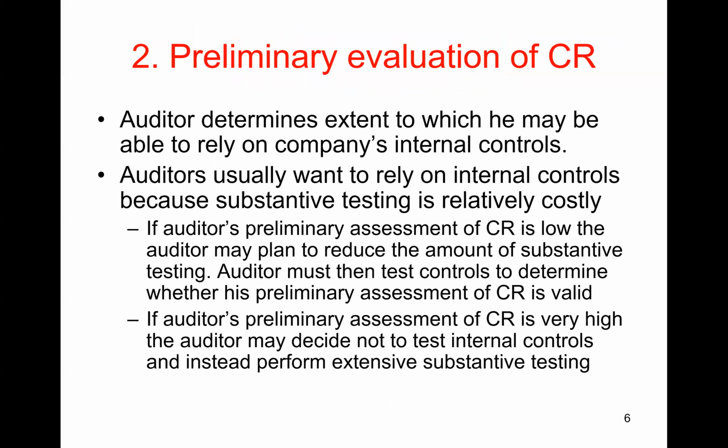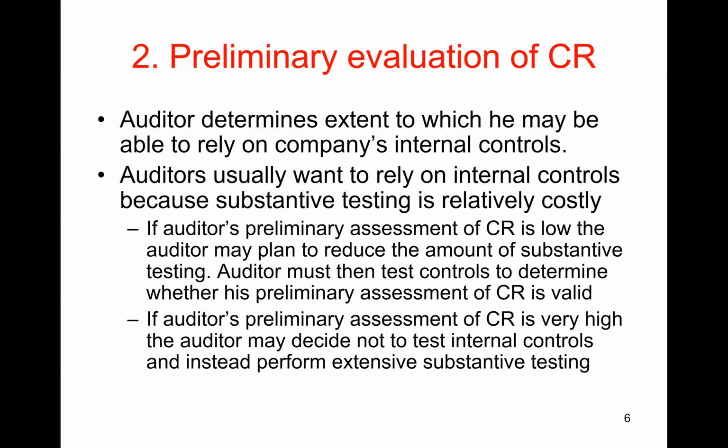Okay, now we move on to the second stage. So after you have obtained your understanding of the control system, then you form a preliminary evaluation of control risk. And the reason for doing this is that the auditor wants to know whether the auditor can rely on the company's internal controls, right?